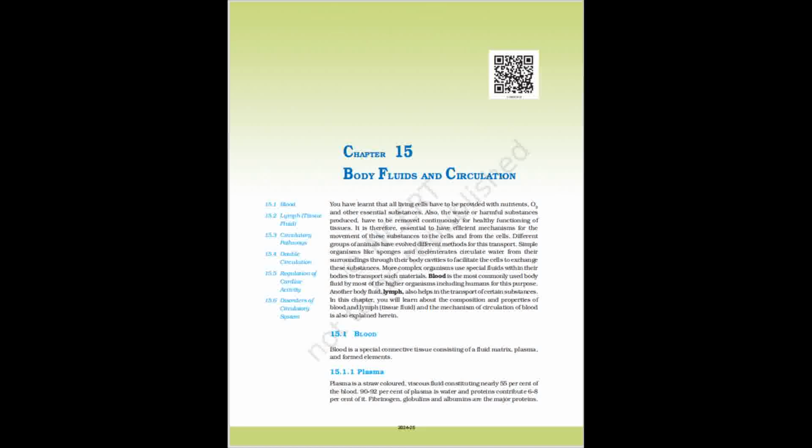The hepatic portal vein carries blood from intestine to the liver before it is delivered to the systemic circulation. A special coronary system of blood vessels is present in our body exclusively for the circulation of blood to and from the cardiac musculature. Figure 15.4: schematic plan of blood circulation in human heart.